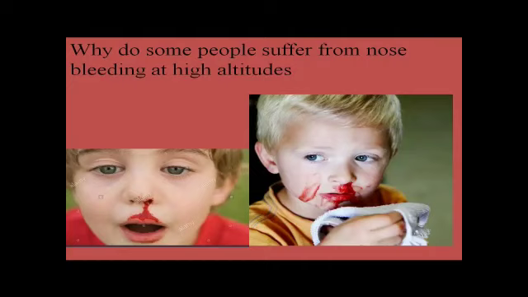So, at high altitudes, the atmospheric pressure becomes much less than our blood pressure. Since our blood pressure is higher than the outside pressure, some of the sensitive blood vessels in our nose and eyes burst and it bleeds at high altitudes.